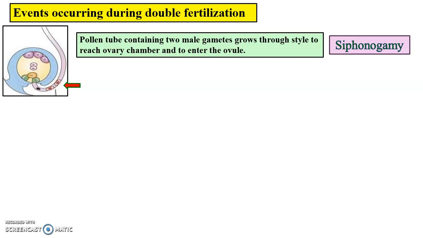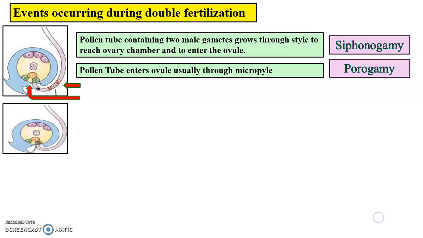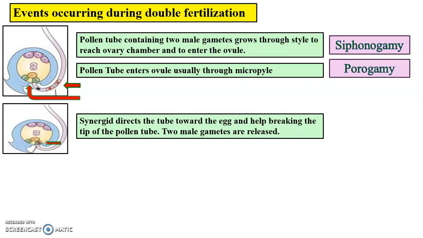It grows through the style to reach the ovary chamber and to enter the ovule. The pollen tube enters the ovule usually through the micropyle. This is called porogamy. A synergid directs the tube towards the egg and helps to break the tip of the pollen tube. Two male gametes are released.